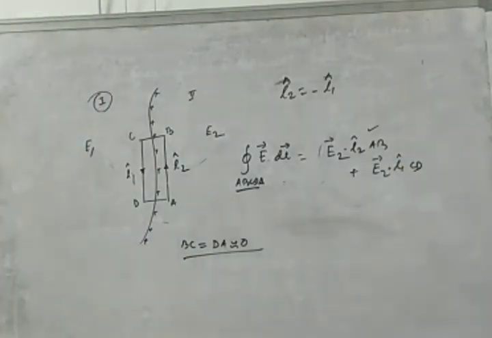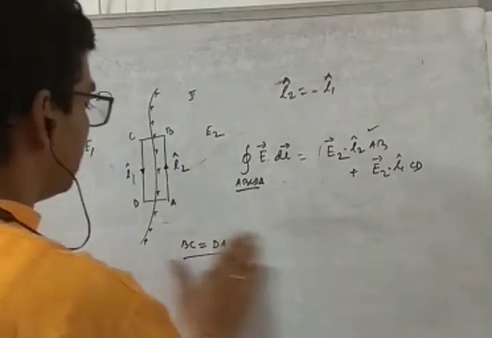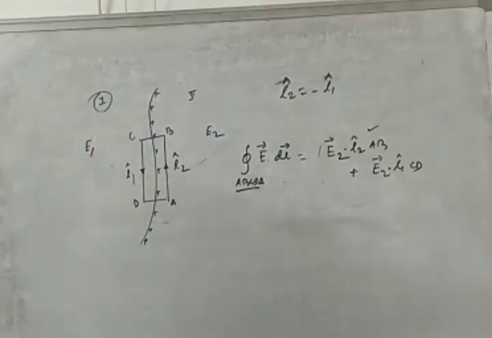Okay. Now since the electric field is a conservative field, for a conservative field the work done, or the line integration of the field around a closed path, must be equal to 0.